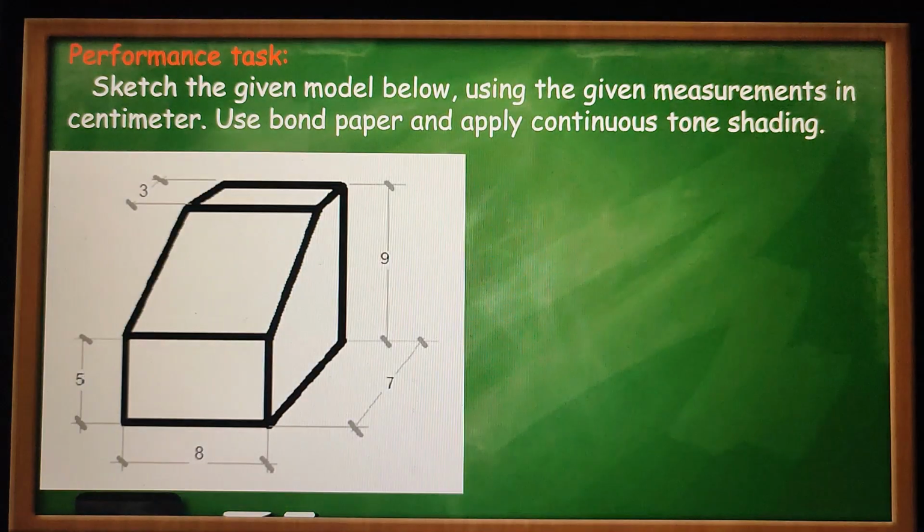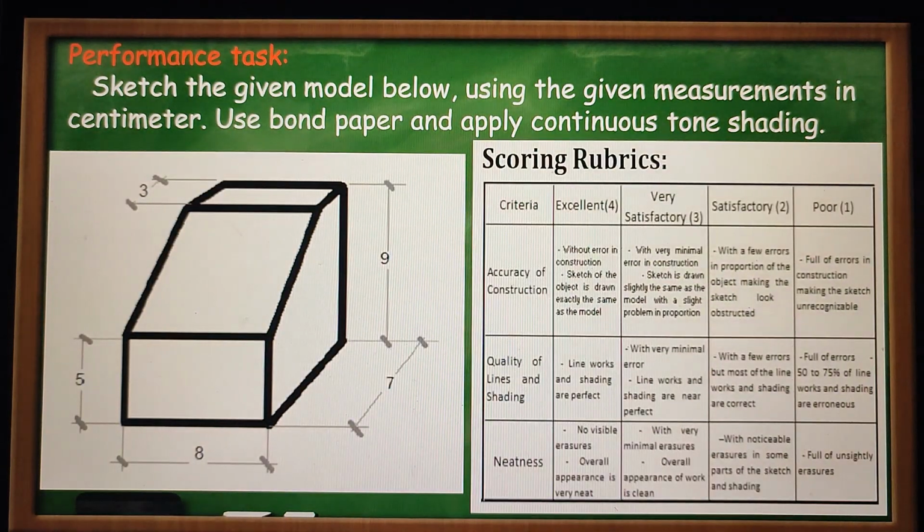On your performance task, sketch the given model below using the given measurements in centimeters. Use bond paper and apply continuous tone shading. Make a screenshot of your performance task and study the scoring rubric.